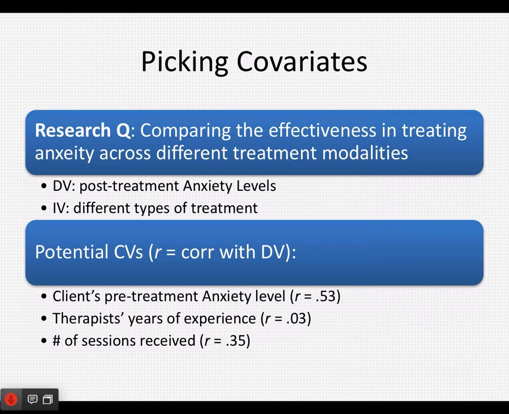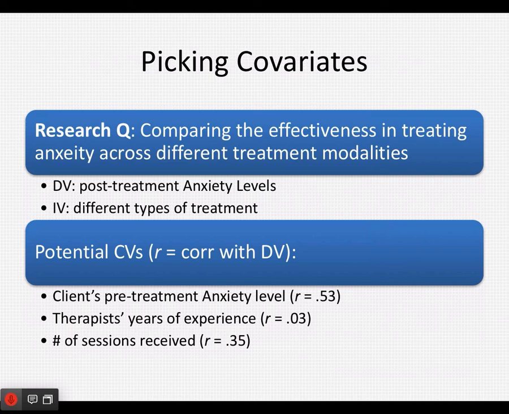Here are some potential CVs, and I give you the correlations of how each correlates with the DV, the post-treatment anxiety score. The first one is the client's pre-treatment anxiety level, which is correlated with post-treatment anxiety at 0.53.